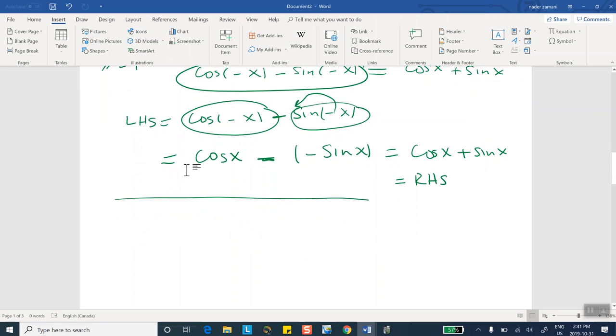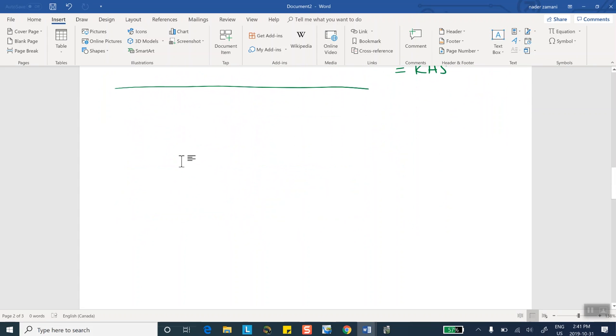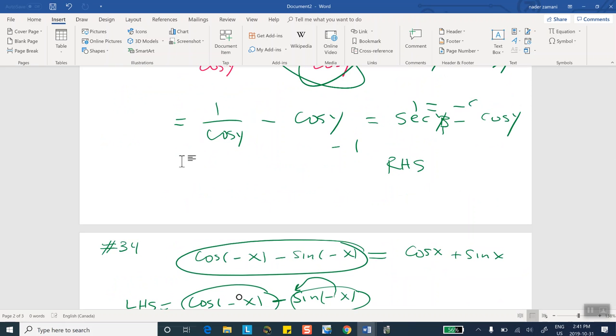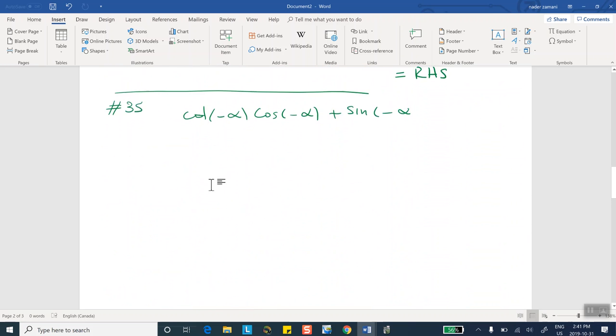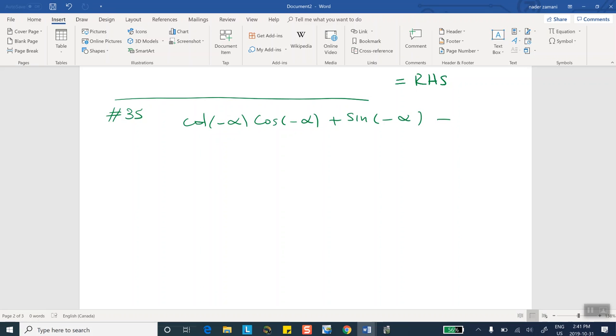Okay, 34. Let's do 35. Cotangent of minus alpha times cosine of minus alpha plus sine of minus alpha. You want to prove that this is equal to minus cosecant of alpha.